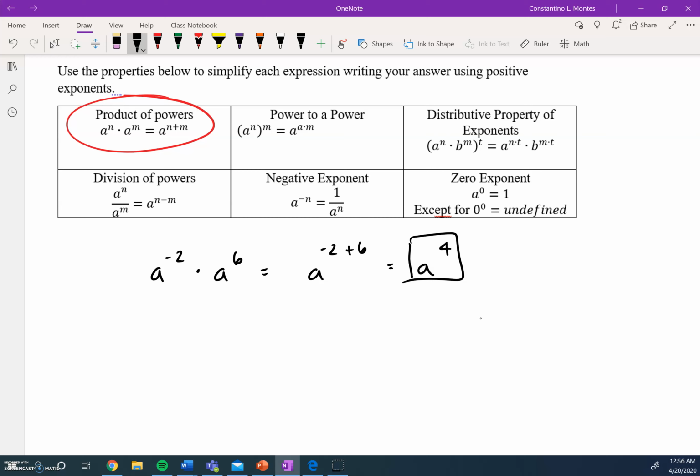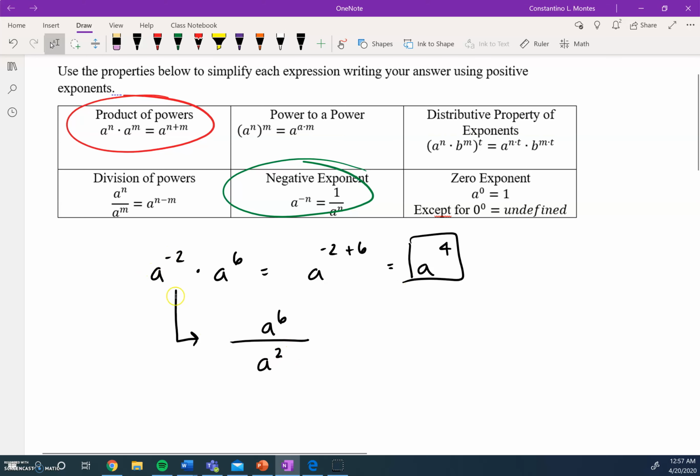However, there is another way to do this, and I'll show you. Instead of the product of powers, I could have used the negative exponent rule first. Remember, think of this as moving up or down. So we're going to move this down to the denominator and leave the a to the 6th on its own. We have a to the 6th over a to the 2nd, and now it's positive.